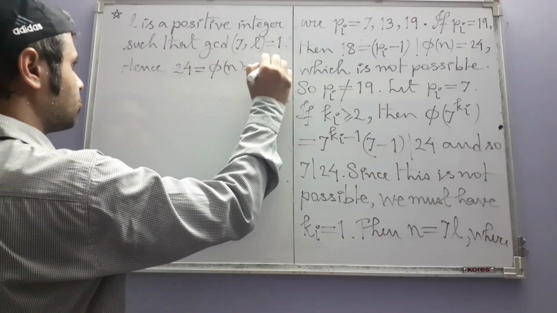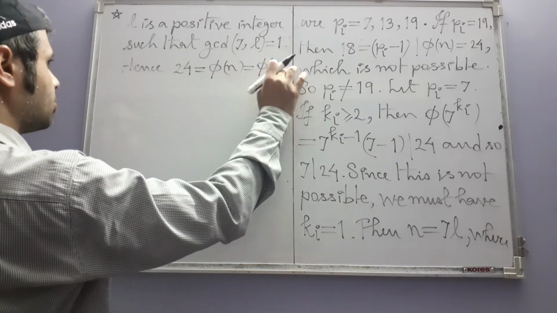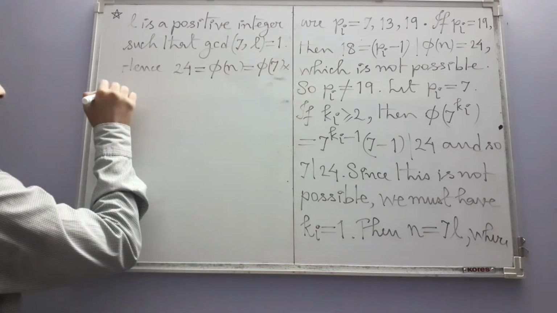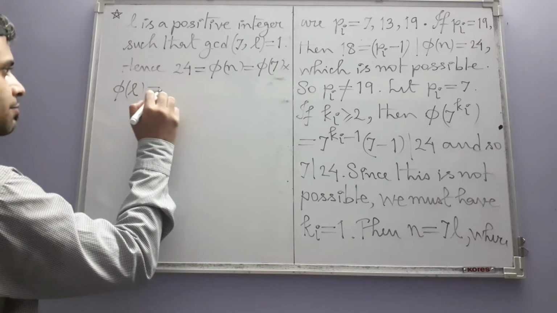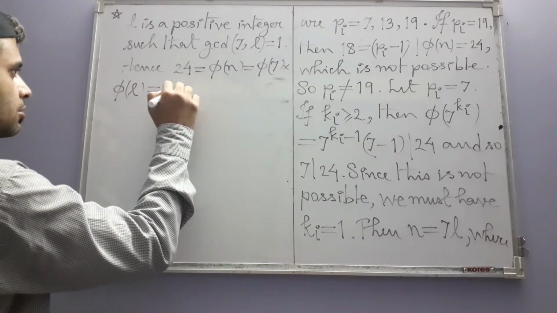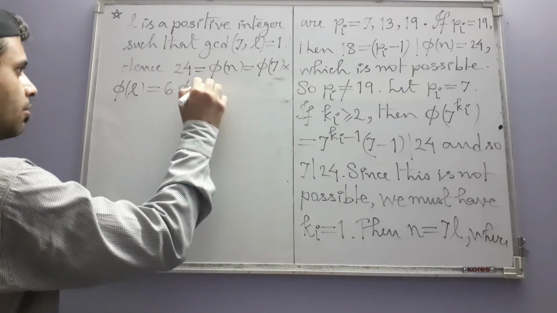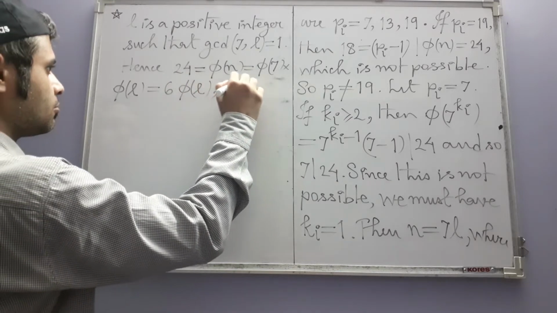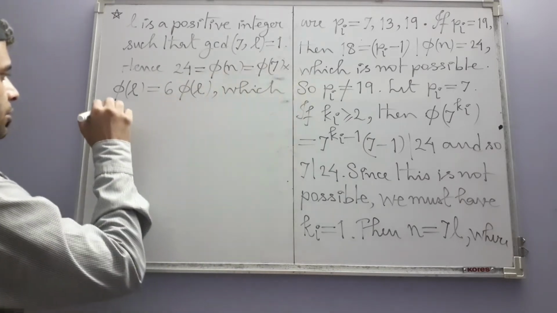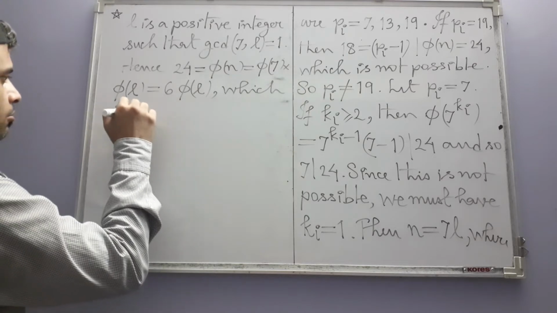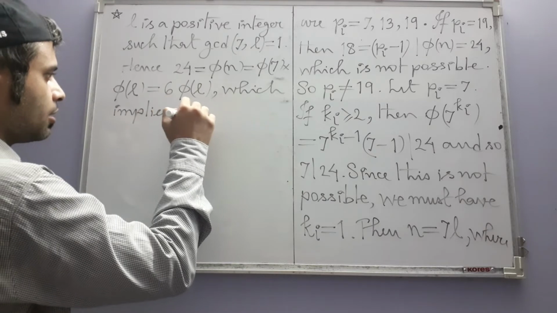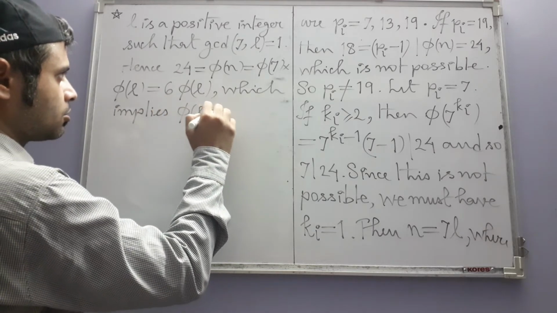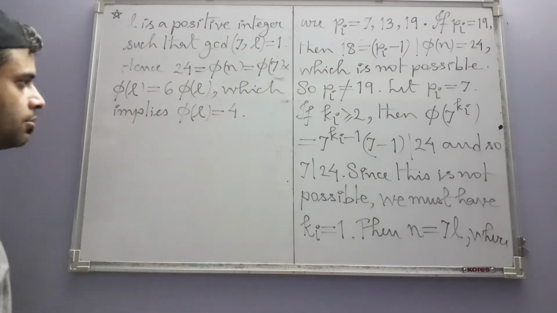This is equal to phi of 7 times phi of L. That is, phi of 7 is 6 times phi of L, which implies phi of L should be equal to 4.